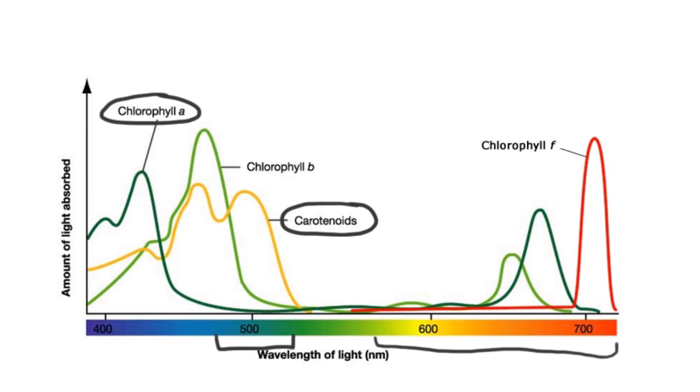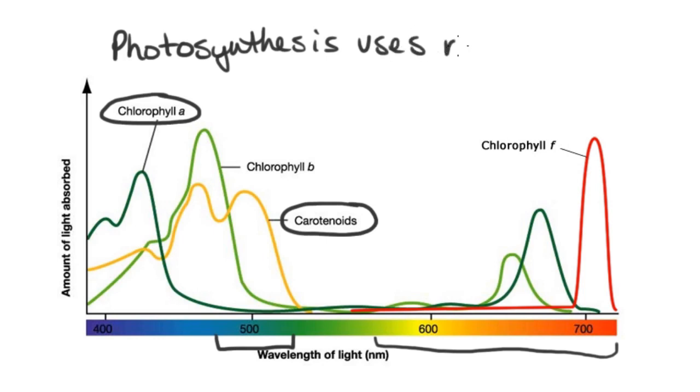All of the pigments that we're seeing here in this spectrum are involved in plants in photosynthesis. So we do want to be aware that photosynthesis involves many pigments. The reason that it's going to involve so many pigments is that this will increase its efficiency.